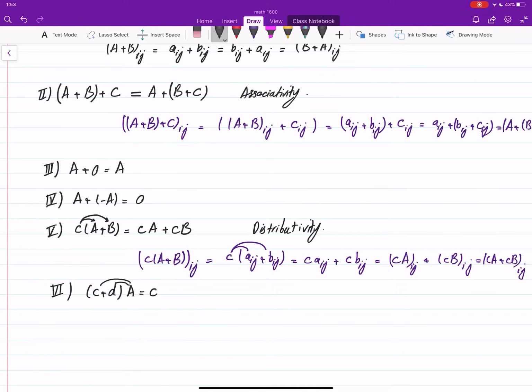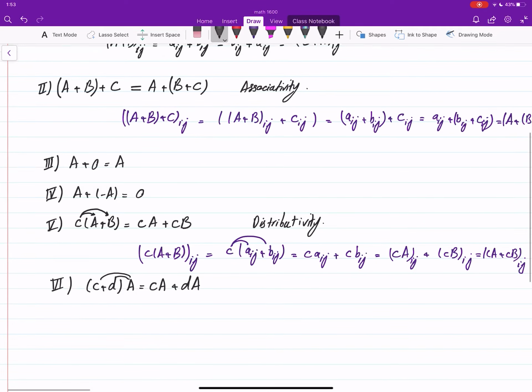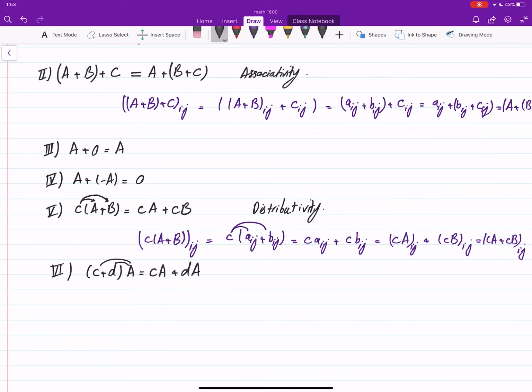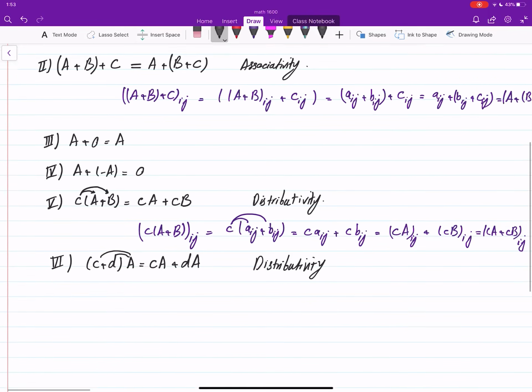So this will be the same as cA plus dA. The proof will go exactly the same way with a little bit of difference. So this is also another version of distributivity, and as you see this time, scalar multiplication distributes over the scalar addition.